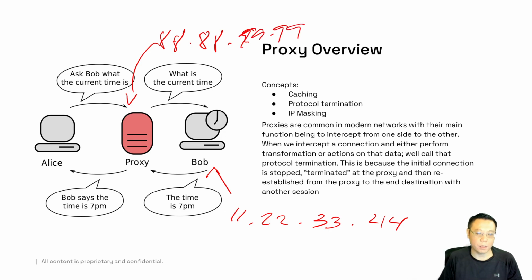Alice actually makes a connection to 88.88.99.99 instead of 11.22.33.44. And likewise, vice versa, Bob actually connects to the same proxy to speak with Alice, and that connection is made on your behalf. They're common for modern networks for interception, as well as web content filtration. And there's the idea that Bob is going outbound as opposed to coming inbound.